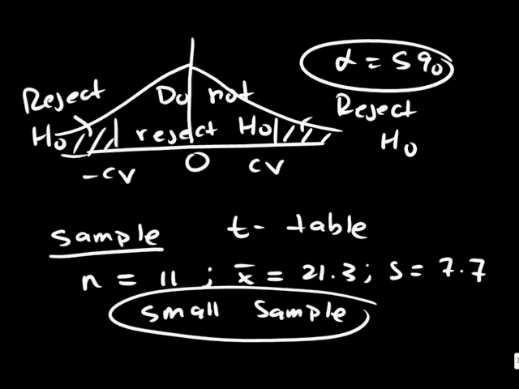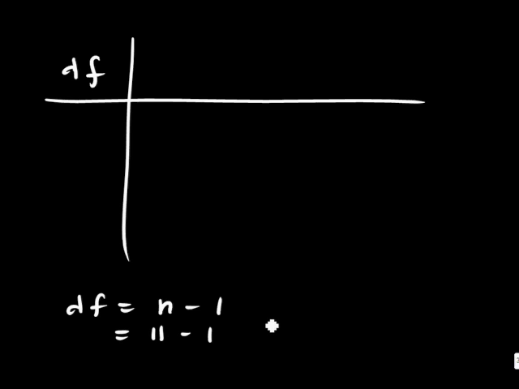Using the t-table, we need a degree of freedom. Remember, the degree of freedom is the sample size minus 1. So in this question, 11 minus 1 gives us a degree of freedom equal to 10. So we will look for row 10. Alpha is 5%.